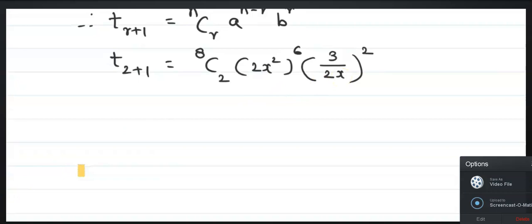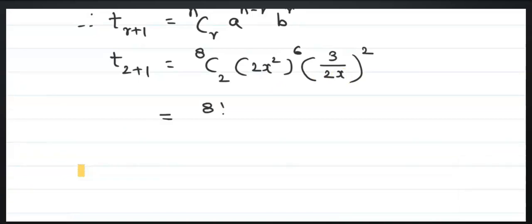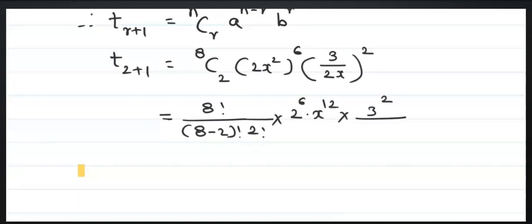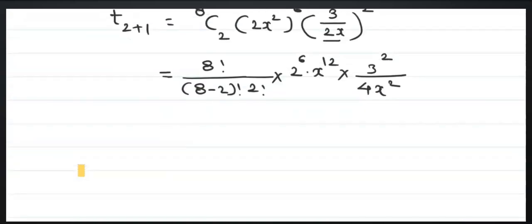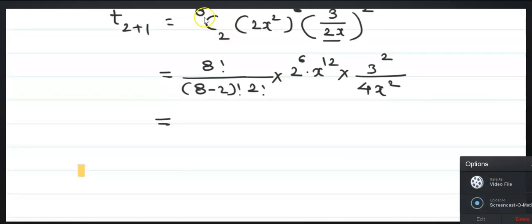And then we can find the terms. 8C2 means 8 factorial upon (8 minus 2) factorial into 2 factorial, 2 raised to 6, and (x square) raised to 6 becomes x raised to 12. 3 raised to 2, and (2x) raised to 2 is 4x square. Now we will simplify this.